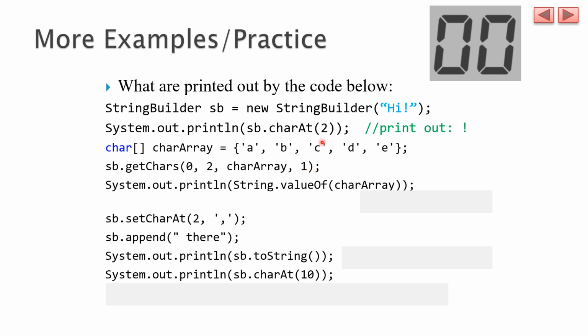So the elements at index 1 and index 2 of charArray will be overwritten with characters capital H and little i. So the result is A, then H, I, and then D, E. D and E are the two remaining characters of charArray that are untouched by the getChars method.